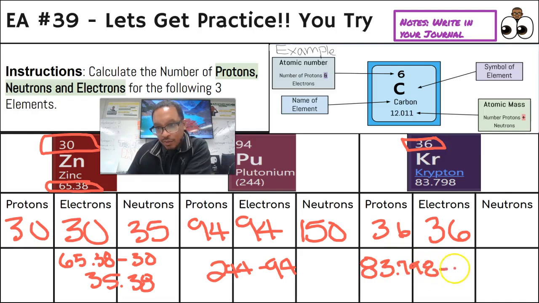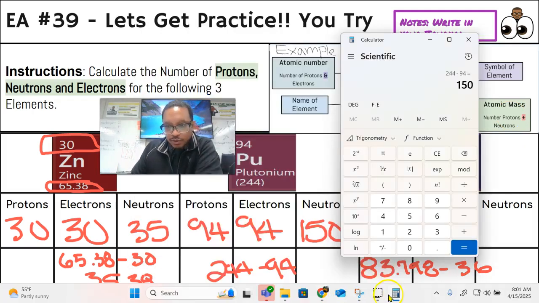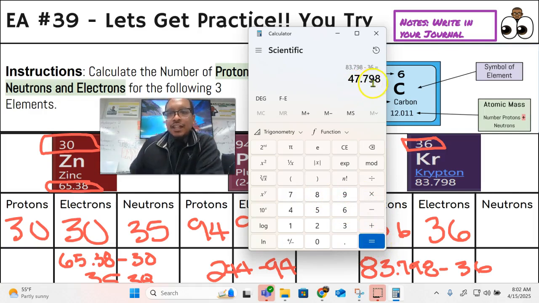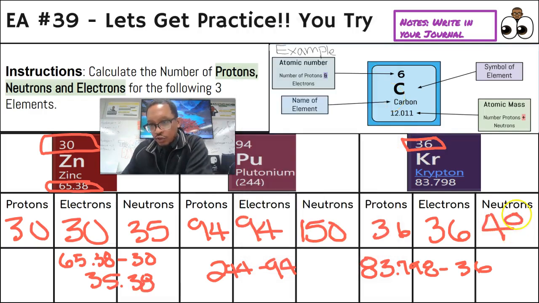We got 83.798 minus 36, which is equal to 47.798. And again, 5 or more, up the score. So that's going to end up rounding to 48. So it would be 48 neutrons.